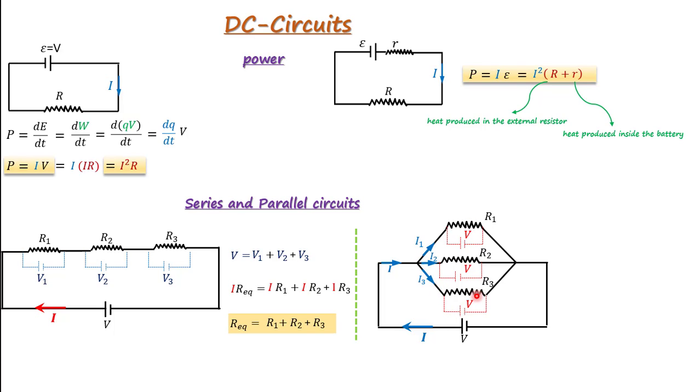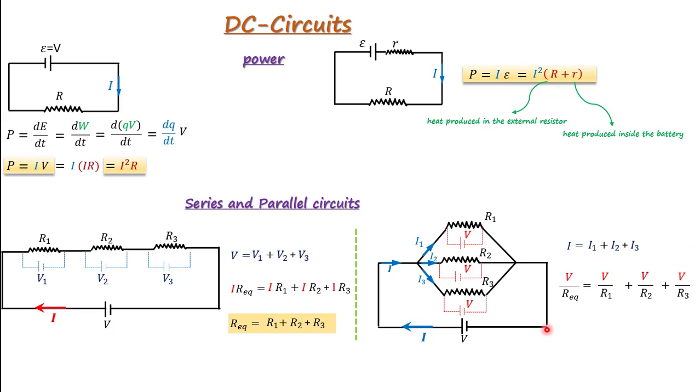So I'm going to call this branch I1, this one I2, and this one I3. Now we have the same V, so there's no equation to start with V. So I'm going to start with I. This total I is the sum of I1 plus I2 plus I3. From Ohm's law, I can express total I as V over R equivalent. Now the same for I1, which is V over R1, plus V over R2 for I2, and finally V over R3 for I3.